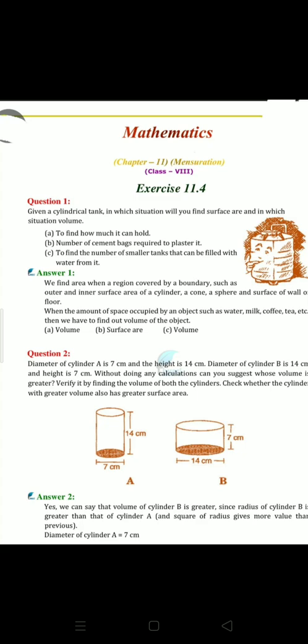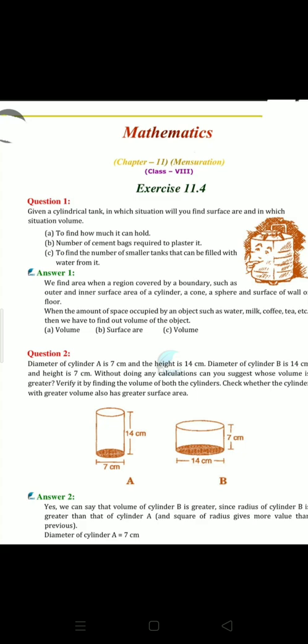So children, just apply the formulas. You will write volume of cylinder A, formula is pi r square h. Then you will find volume of cylinder B. What is the formula? Same thing, pi r square h.